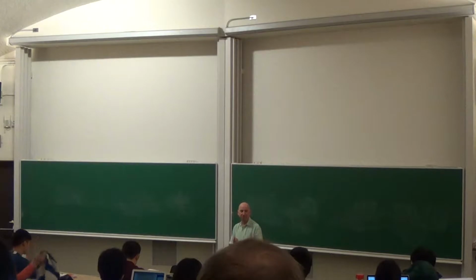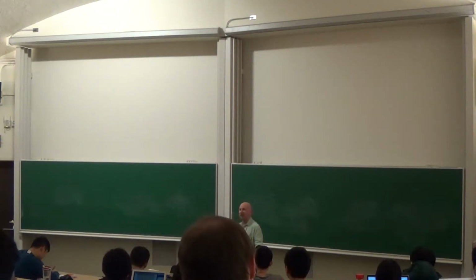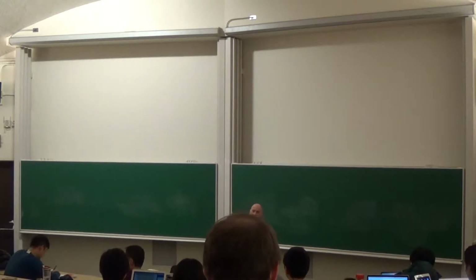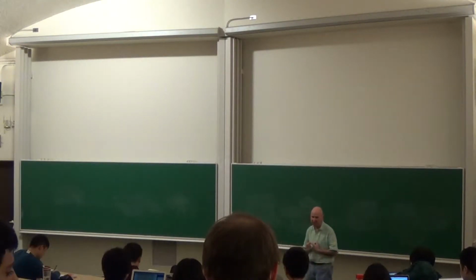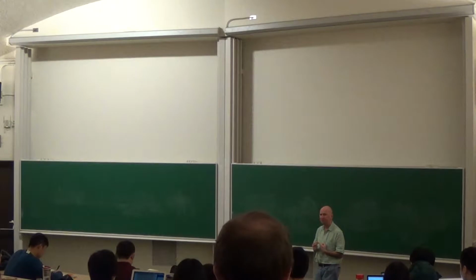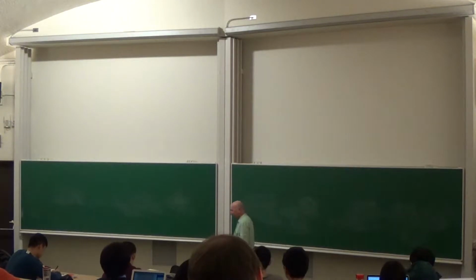You might have called them Bayes nets, which is a very bad name, but that's what they're called. But we're going to focus on undirected graphical models. I believe you did less of that, so I'll tell you some things you didn't do.